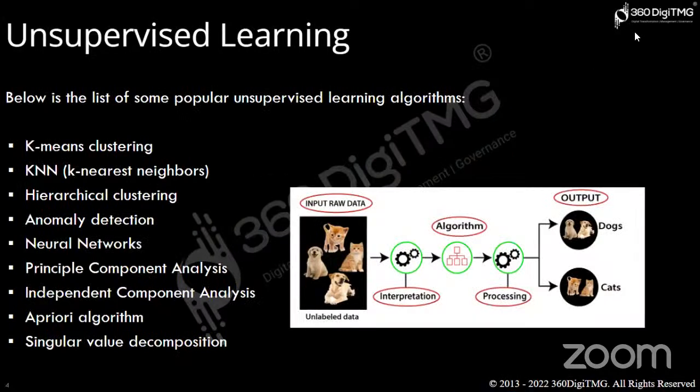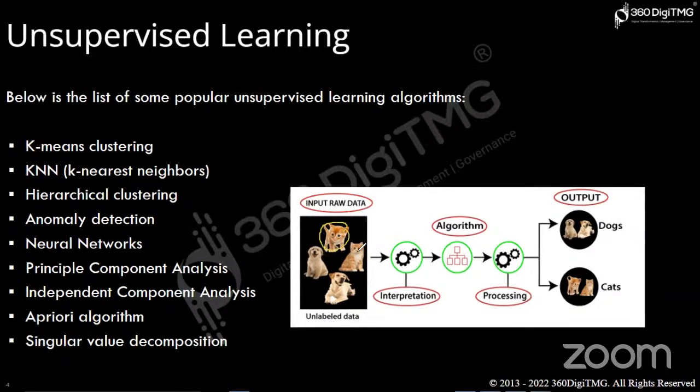In case of unsupervised learning, here we can see if I have some input raw data, where I have some images of cats and dogs, unlabeled data. I just have a folder where I have all these images. Now I have to use an algorithm based on the similarities. There will be some similarities between these two, because these two are dog images.